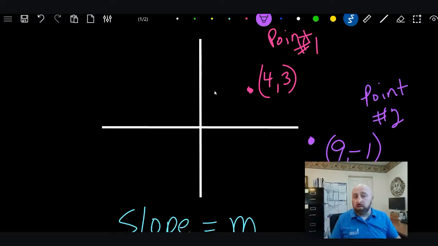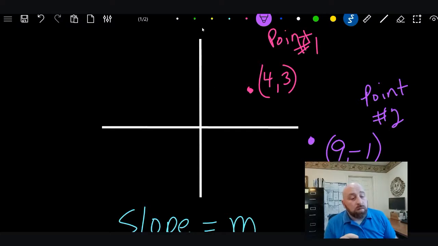I could have called the other one point 1 and the other one point 2. I could have switched them. It doesn't matter. I just arbitrarily called the pink one point 1 and the purple one point 2. You'll see the formula doesn't care. You can switch it around and you'll still get the same answer because it's the same slope.